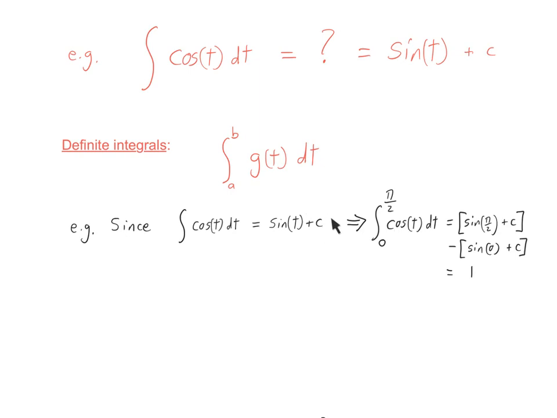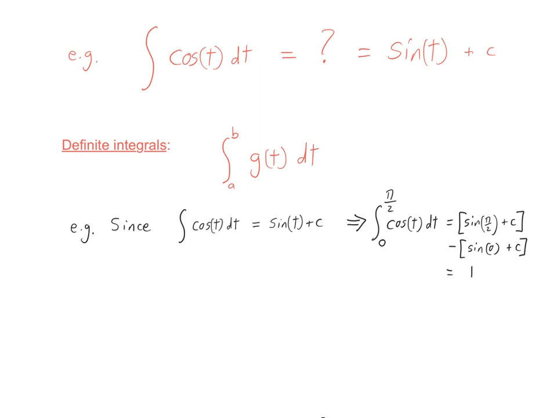Well, we've determined it's this. Then you replace t by the top limit, pi over 2, and you'll get this. Next, you replace t by 0, and that will give you this, and then you subtract those two quantities. In this particular example, when you subtract them, you end up numerically with 1.